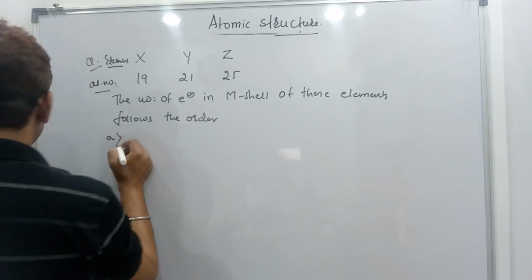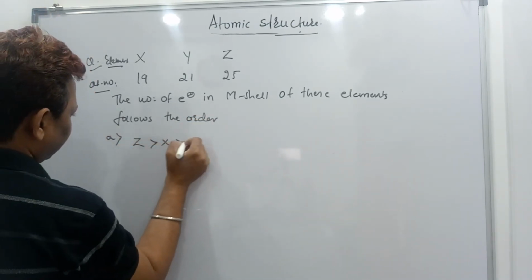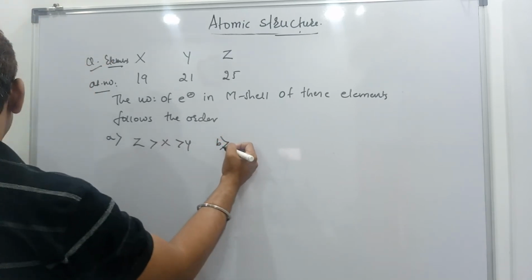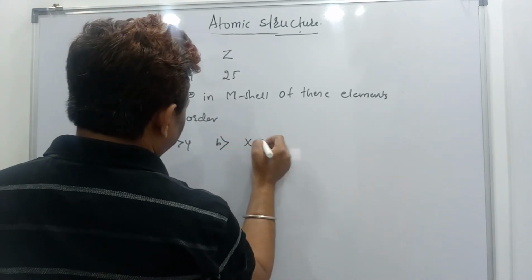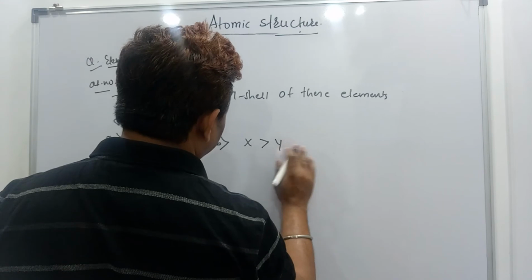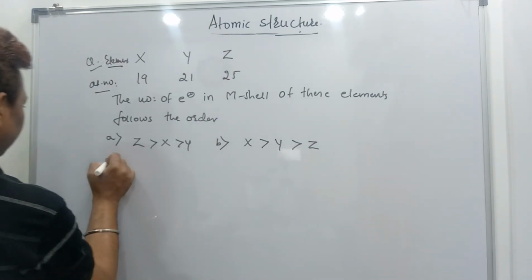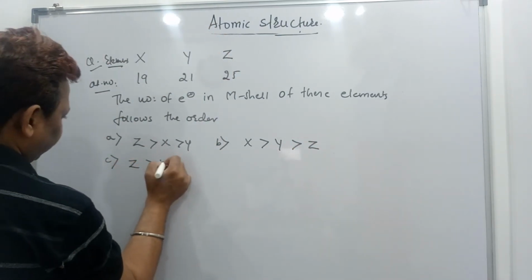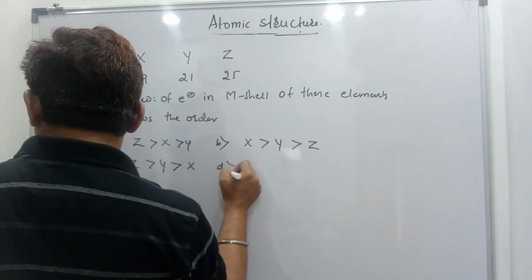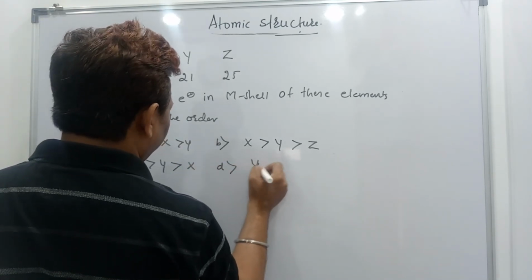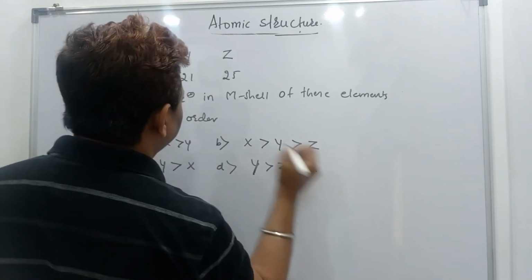The first option is Z X Y, the second option is X Y Z, decreasing order, the third is Z Y X, and the fourth is Y Z and X.